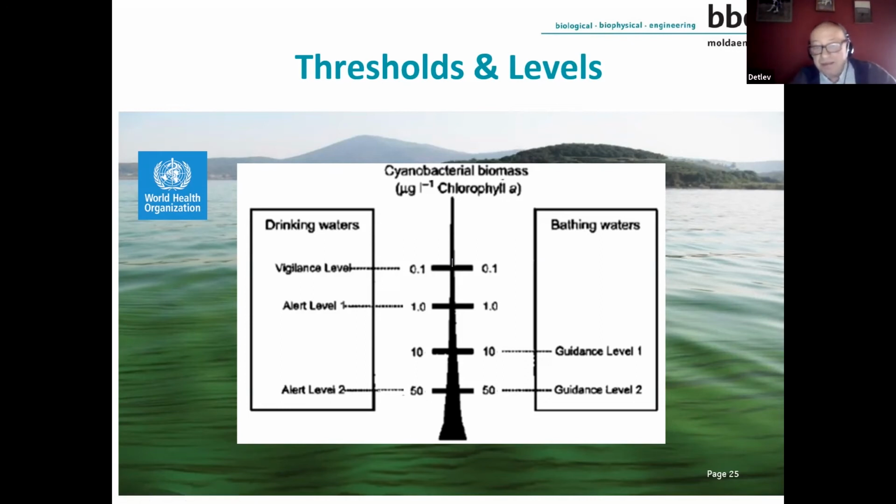What makes it difficult is that in the classical way, they also had the number of cells. The number of cells and chlorophyll A are not very well related. The reason for that is quite clear.